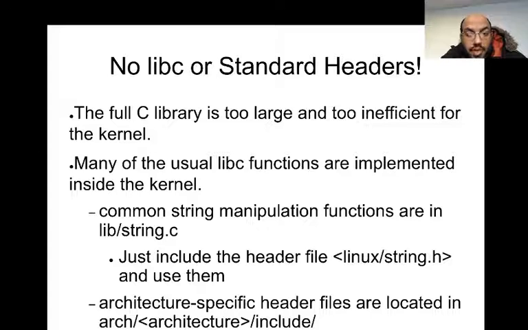Okay, so this is where your header file is. Any architecture-specific header files are located in the arch directory, and then slash, and then the architecture name. There are different architectures. If you're looking at ARM architectures, you'll find a folder arch/arm/include, and you'll find some architecture-specific header files only for ARM processors.